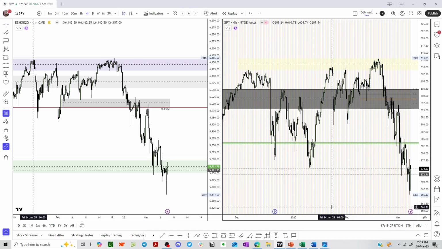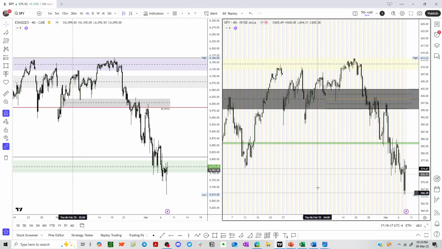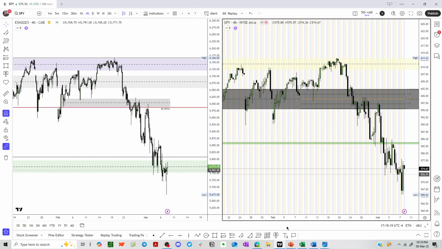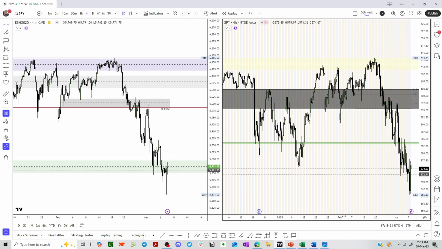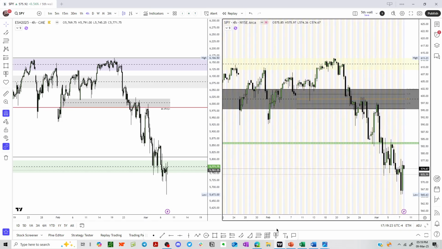You don't need to have all the volume imbalances on the chart. You don't need to have all the fair value gaps on the chart, right? But it's more so whatever you could identify that gives you edge, whatever you could identify that can potentially be a source of consistent revenue to you, without you going, do I see it? Do I not see it?